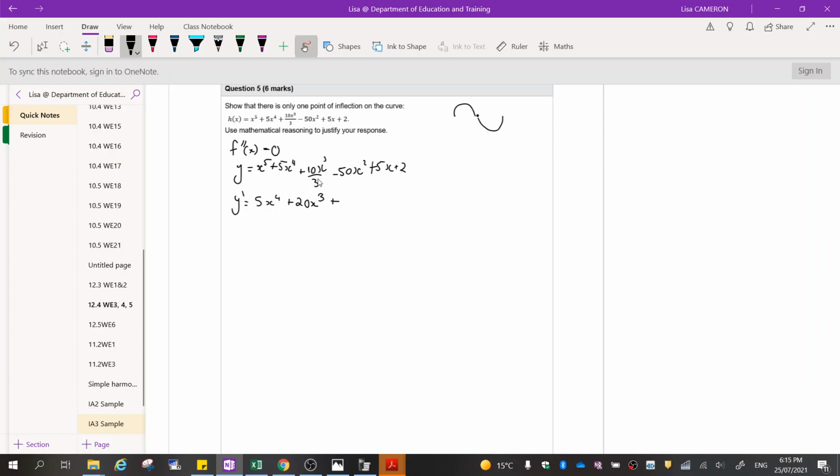The 3 comes down, knocks out the other 3, so it'll still be 10x. Okay, and then that means that y double dash is going to be equal to this.